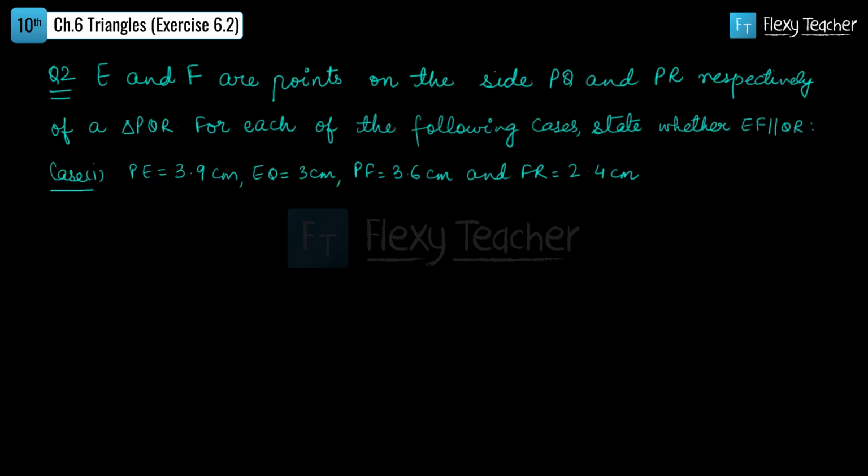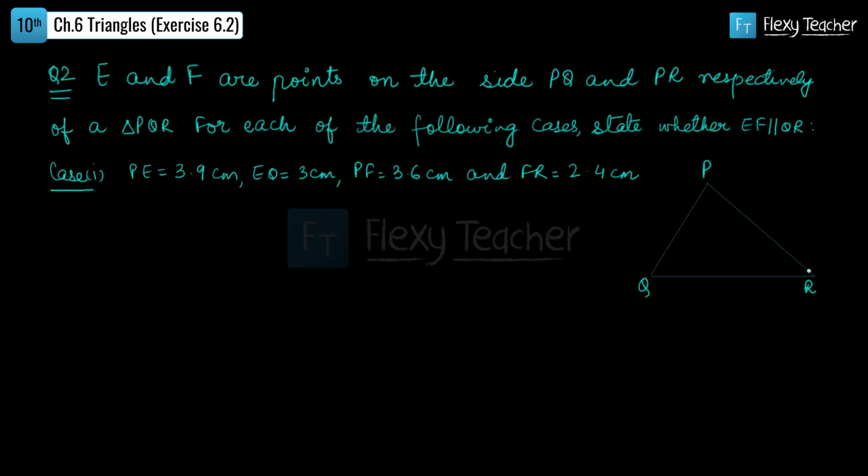Before we start the cases, there are 3 cases in this question. Let us draw the diagram for triangle PQR such that E and F are points on sides PQ and PR. So let us draw triangle PQR.